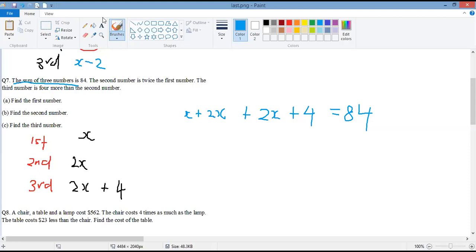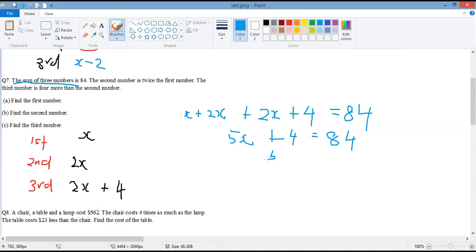Then you can solve these. 2x plus 2x plus x equals 5x plus 4 equals 84.